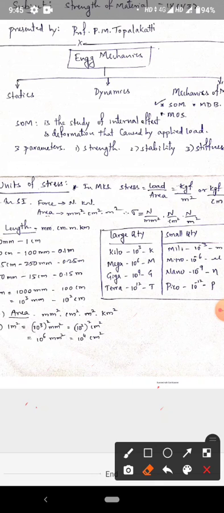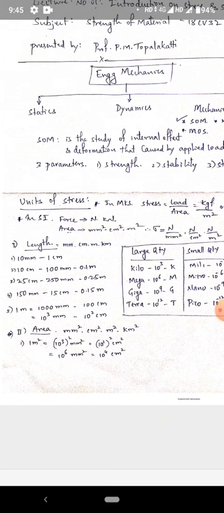For large and small quantities, these are the standard prefixes: kilo, mega, giga and tera. Kilo is 10⁻³, mega is 10⁻⁶, and giga is 10⁻⁹. Length is measured in mm, centimeter, meter or kilometer. According to the basic units, 10 mm is equal to 1 centimeter, and 10 centimeter equal to 100 mm. These are the basic units.